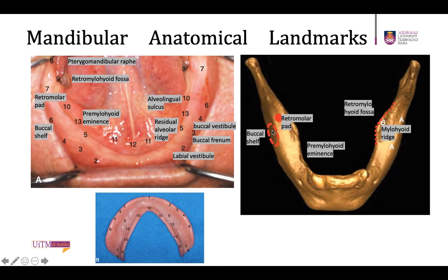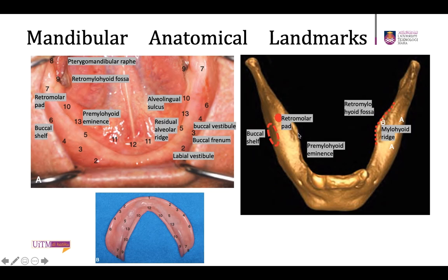Okay, so the buccal shelf is always next to the retromolar pad. These are the important landmarks that I want you to remember. I'm not going to say everything on the photo, but we're going to go through the most important anatomical landmarks for the mandibular residual ridge.